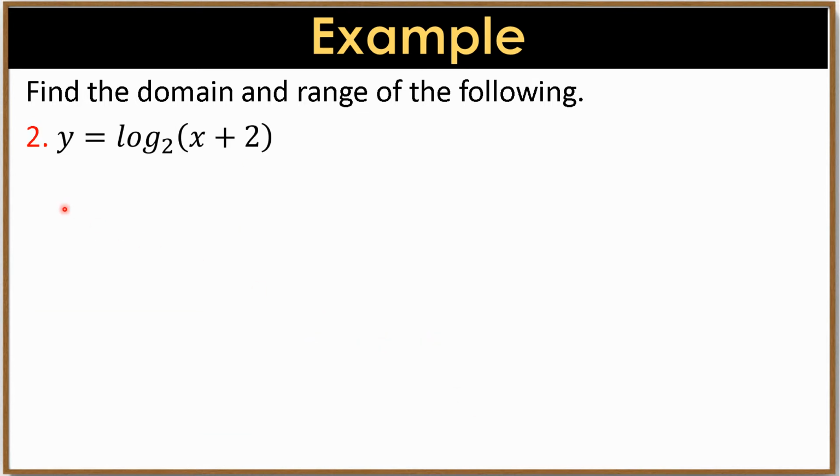Number 2, you have y equals logarithm of x plus 2 base 2. So we have here x plus 2. Therefore, our argument is x plus 2 is greater than 0. Applying the addition property of equality, this will become x is greater than negative 2. So from positive, it became negative 2.